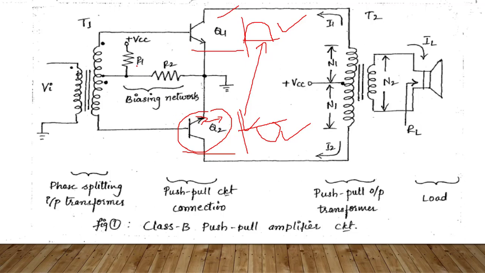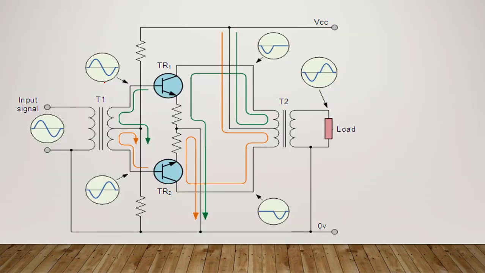Now, why are we using this type of center tap transformer? The aim of the center tap transformer is that it will make the upper part 180 degrees and the other part another 180 degrees of change. We discussed this in the full wave rectifier. See here, I am drawing a diagram; this is my AC signal.